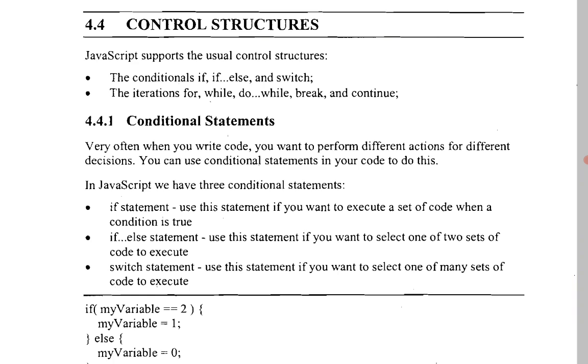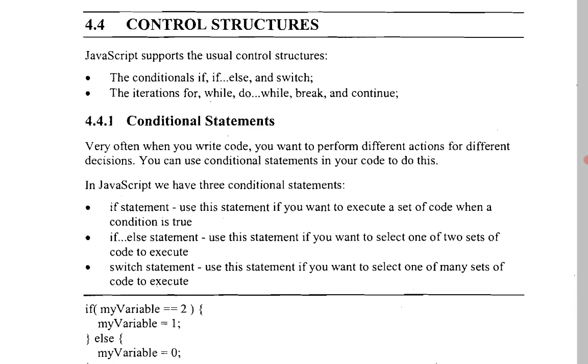So what is the if statement? Use this statement if you want to execute a set of code when a condition is true. So the if statement is generally used to execute a group of statements whenever the given condition is true.